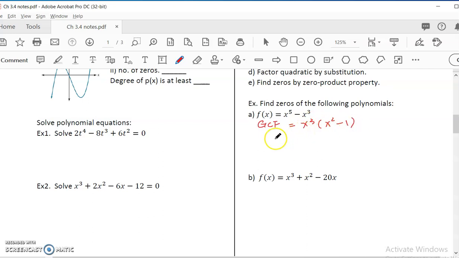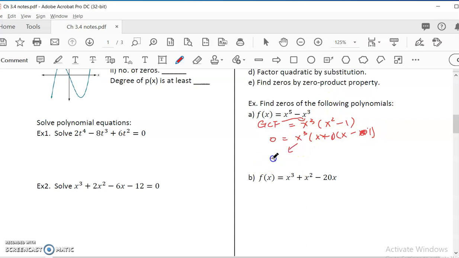So I factor it this way, and this is the GCF. To find 0, I have to set this equal to 0. But x squared minus 1 can further be factored as x plus 1, x minus 1, right? So this is x cubed times x plus 1 times x minus 1, and now it is all factored.